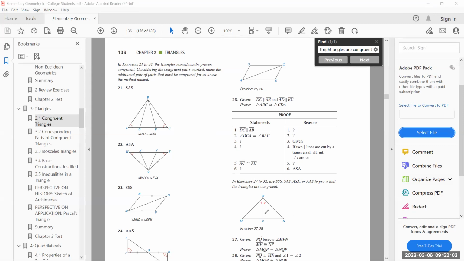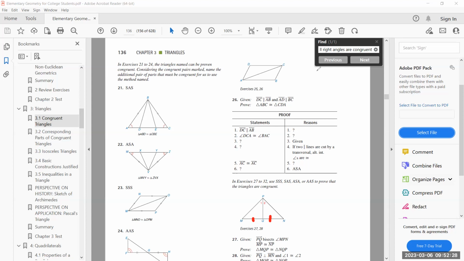This doesn't have to be a bisector for this to be a common side, okay? If it is a bisector, then it means that this side is congruent to this side. But I can share a side without this being a bisector, right?